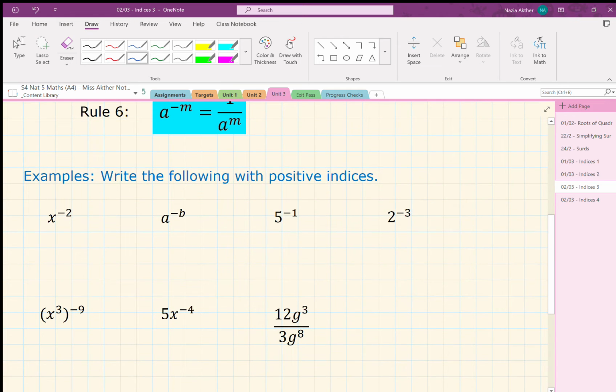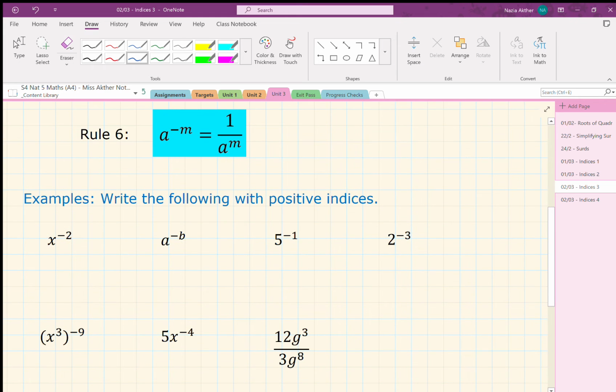In the first one, I've got x to the power of negative 2. From looking at my rule, I can write this as 1 over x to the power of 2, or x squared. For a to the power of minus b, I can write this as 1 over a to the power of b.